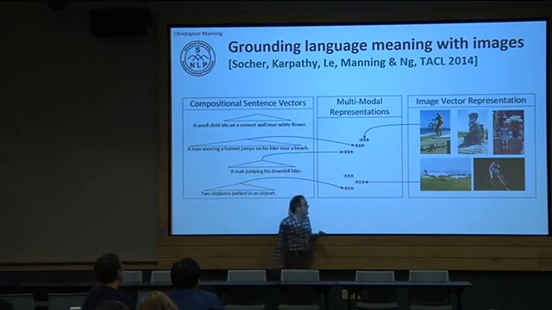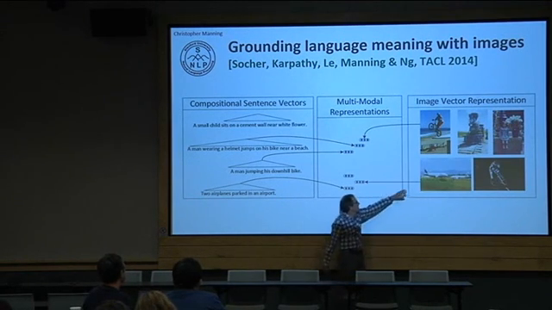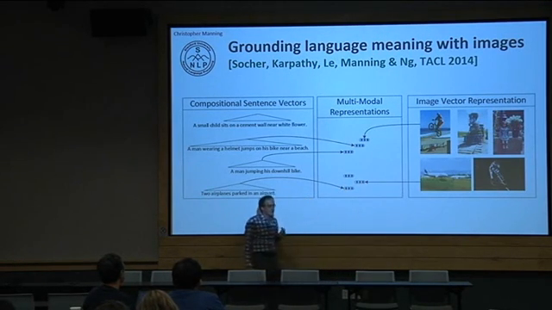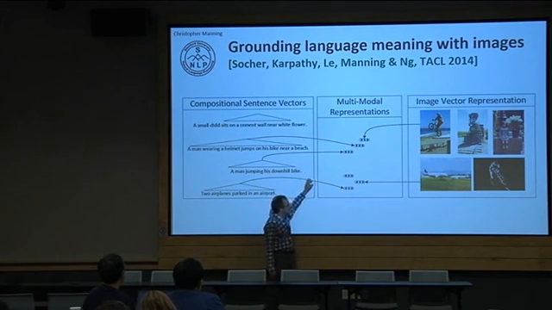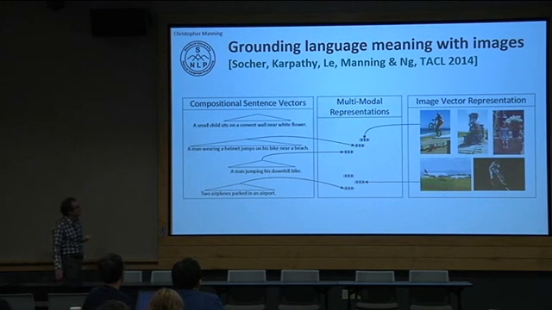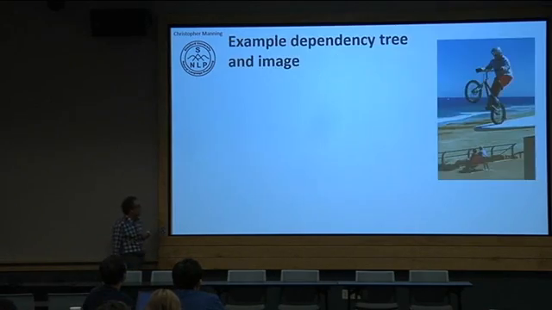An appealing way of doing that is to take pictures and embed them in a distributed representation. And then what you want to do is have sentences that describe the picture being placed close by in the same vector space representation. This is something that Richard Socher and colleagues, including me, have been working on recently.